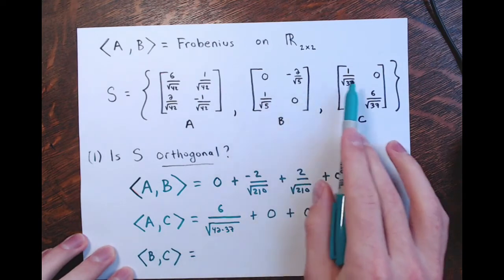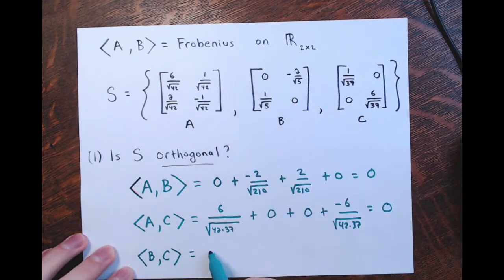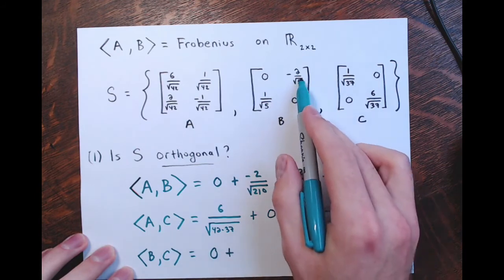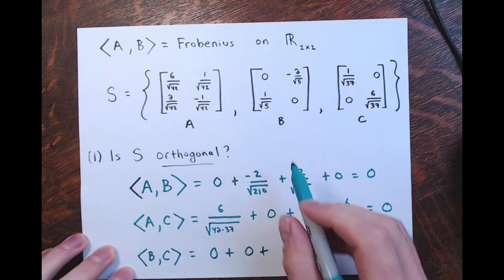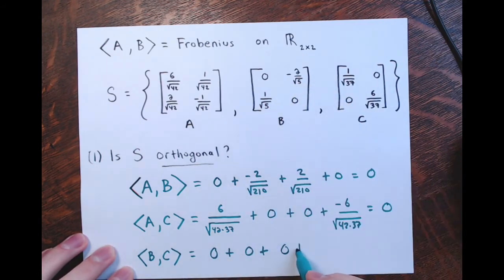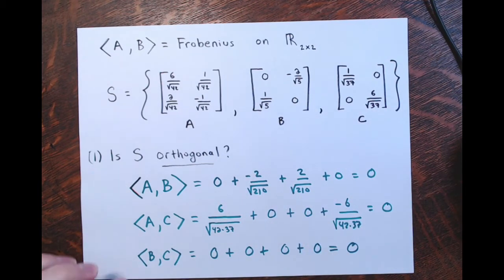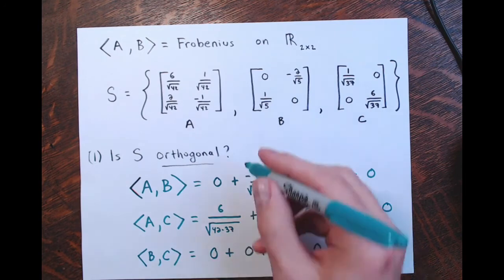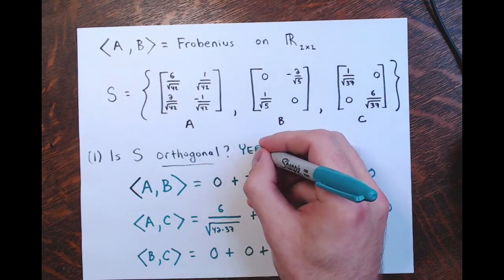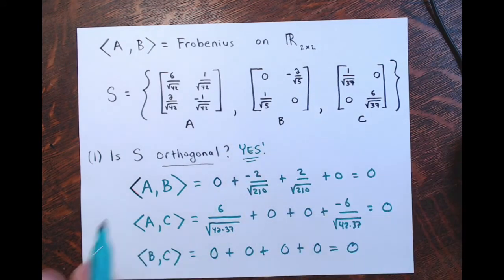So I do the Frobenius product here. We have 0 plus 0 plus 0, and hey, look at this. 0, oh my goodness. It's all 0, so yes. S is an orthogonal set.